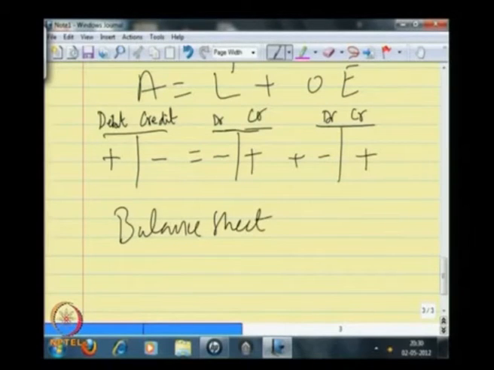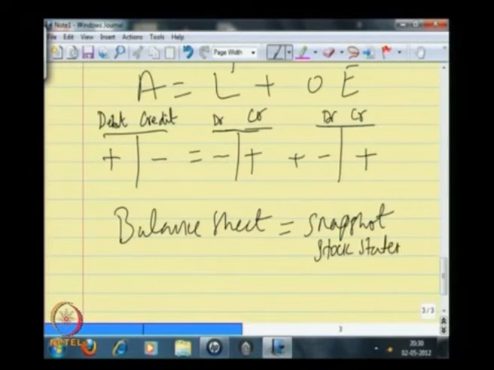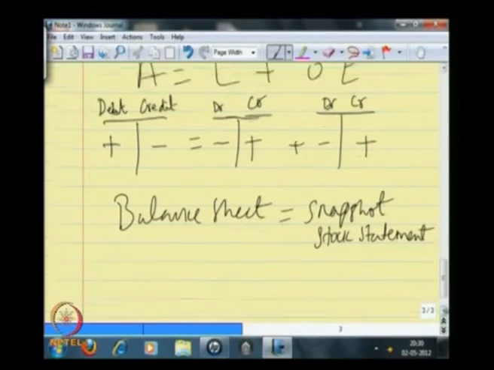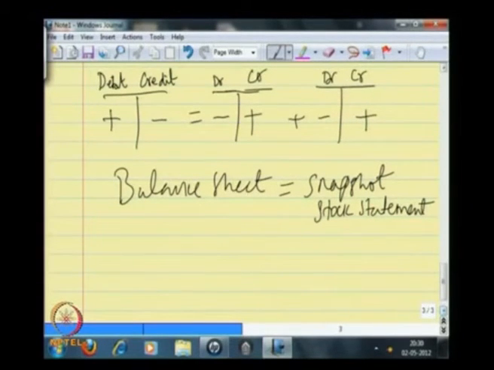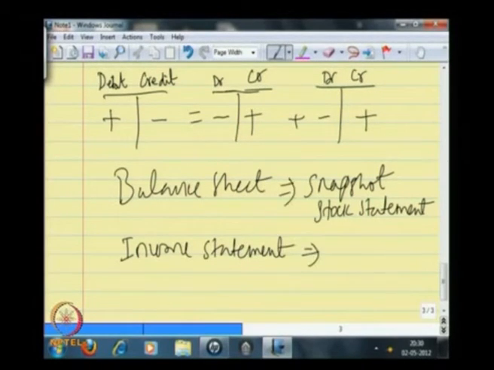A balance sheet is a snapshot or a stock statement which provides information regarding the financial strength of the entity, and an income statement is a flow statement that provides information on the financial performance of the entity.